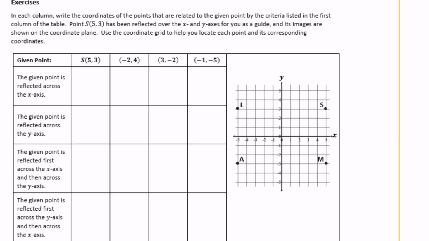Okay, so for point S, the given point is reflected across the x-axis. So if we were at point S and it was reflected across the x-axis, where would we get? So if I'm reflecting across here, the x-axis, I'm going to get to M, which is located at 5, -3.